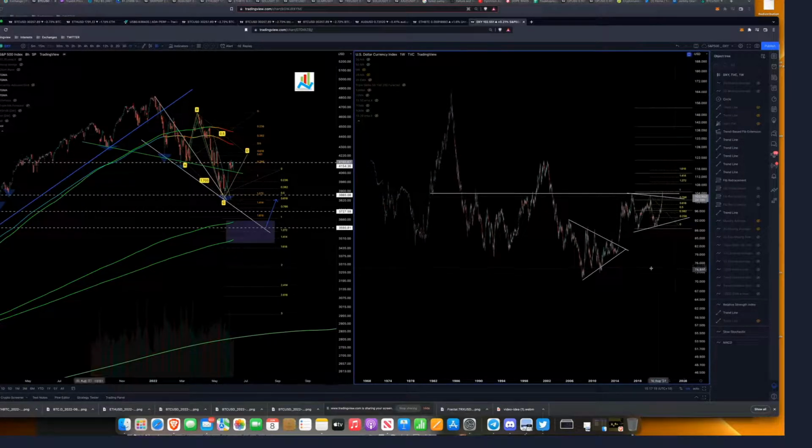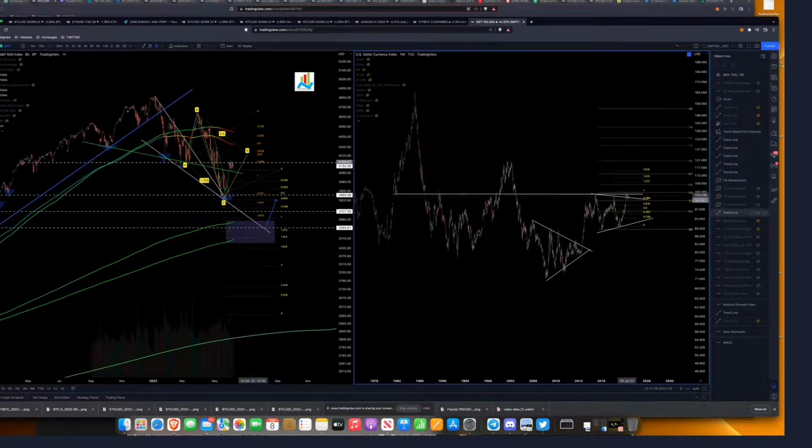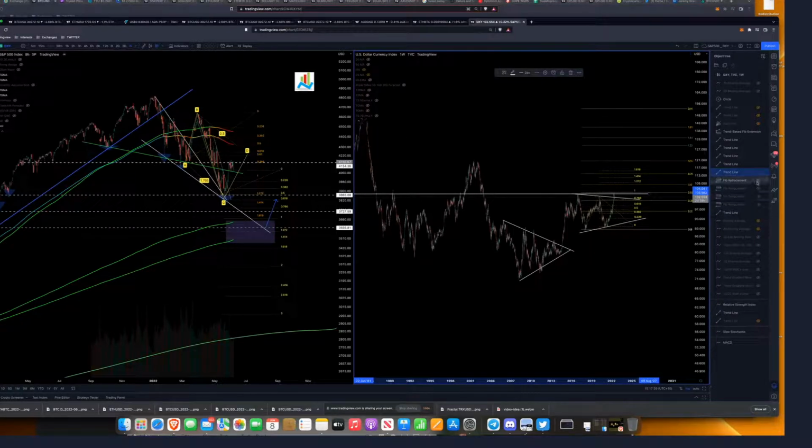These are the years, and we have this massive structure, and we're trying to break above it. This line is a significant line of resistance, and that's a major Fibonacci. I've gone through it extensively. If we break this, then we're going to go to pretty much this upper level here.